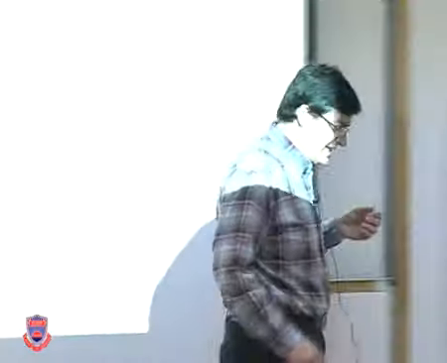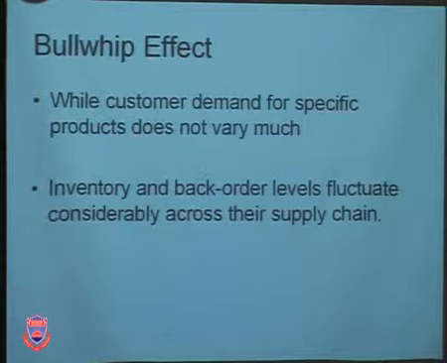Now, the main analysis with respect to the value of information comes from observing the effect which is called the bullwhip effect. Now, the bullwhip effect can simply be described in the following way. You have a certain customer demand. The customer demand does not have that much variation.